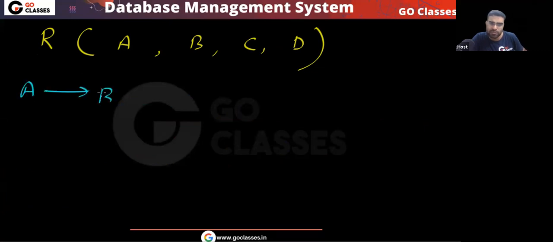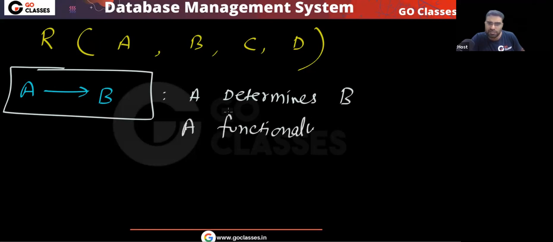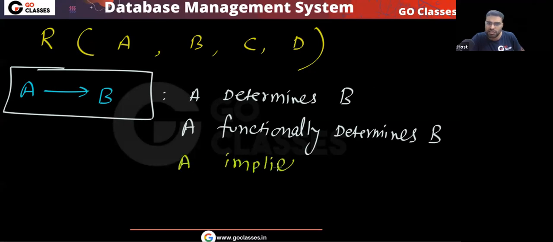First of all, how do we read it? We read it as A determines B. You can also read it as A functionally determines B. You can also say that B is determined by A. You can also say that A implies B. All these are the same.